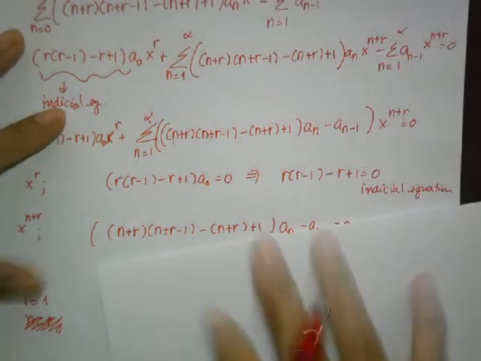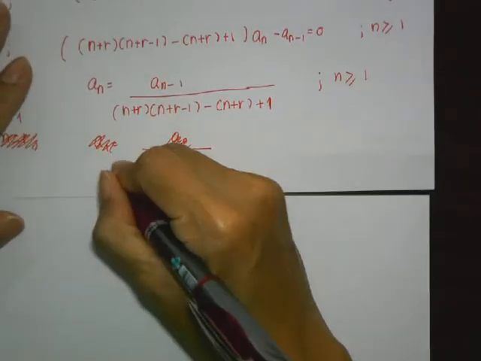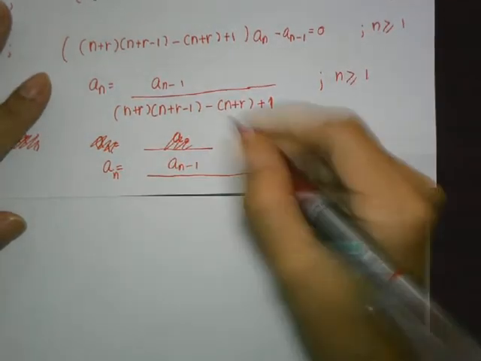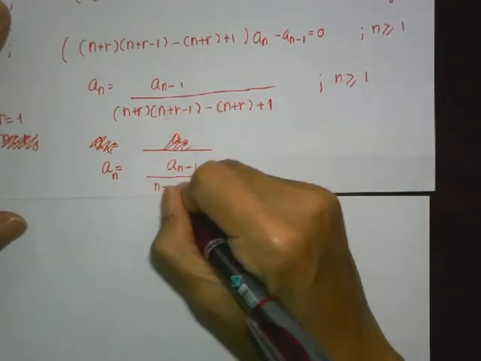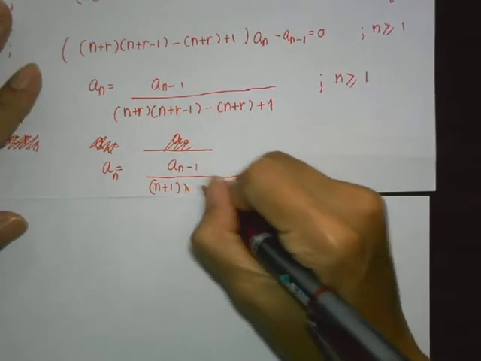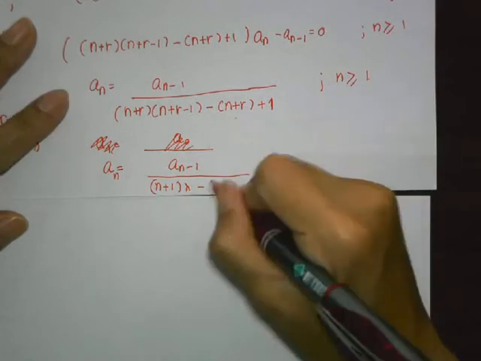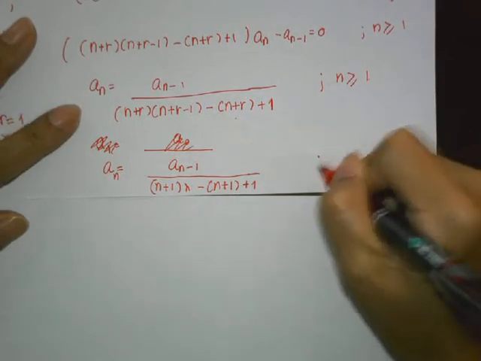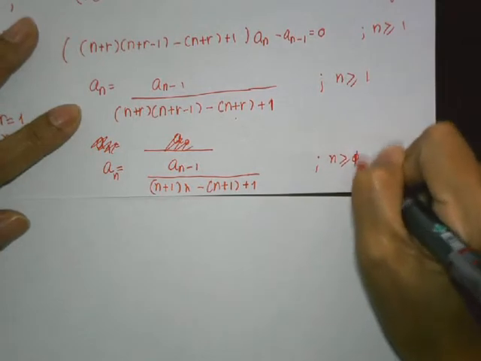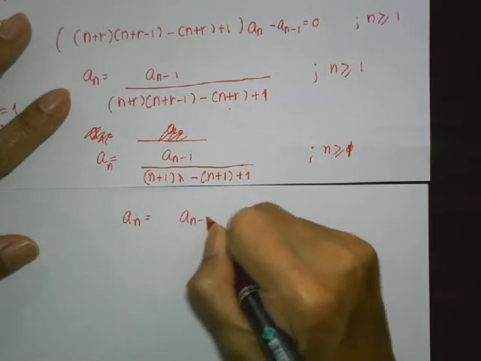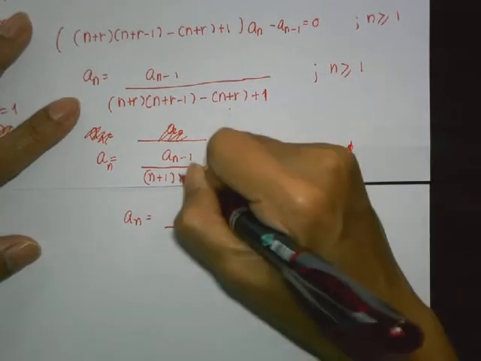We put r equal to 1 in there, so we would get an equal to an minus 1 divided by n plus 1 times n minus n plus 1 plus 1, or an is equal to an minus 1 divided by n squared.